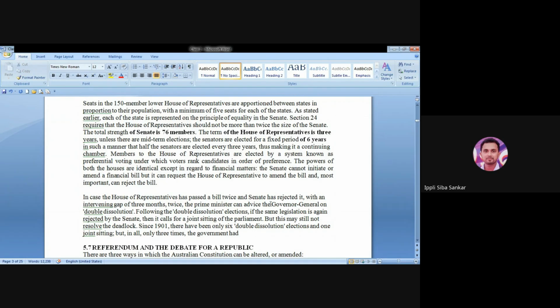Following the double dissolution election, if the same legislation is again rejected by the Senate, there is a joint sitting of the parliament, but this may still not resolve the deadlock. Since 1901, there have been only six double dissolution elections and one joint sitting.